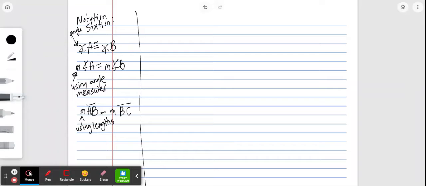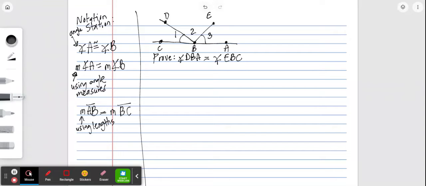And then we're going to use properties of equality to prove an angle measure. Okay, go ahead and draw this diagram. It gives us some information already. We want to prove that angle DBA is equal to angle EBC.